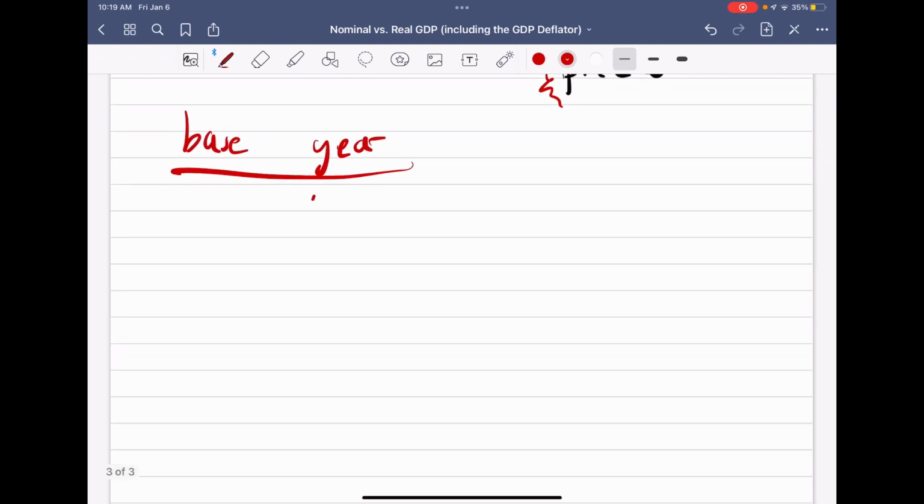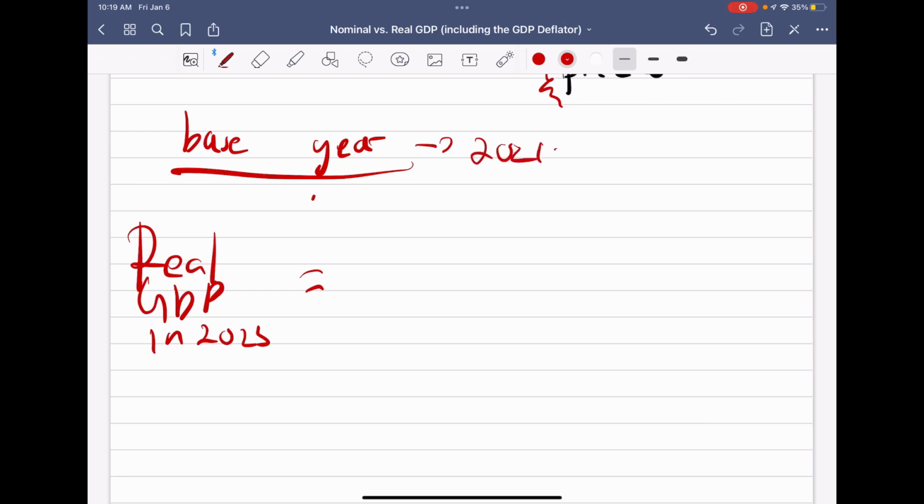So if we were to calculate real GDP in 2023, with that hypothetical economy of good A and good B, and let's say our base year is 2021, we don't want to see the change in prices. We want to see the change in quantity, so we can see if the quantity is growing or not. We don't want to see the GDP bloated by prices, but just by quantity.